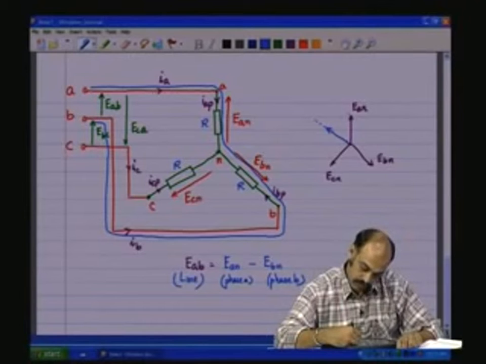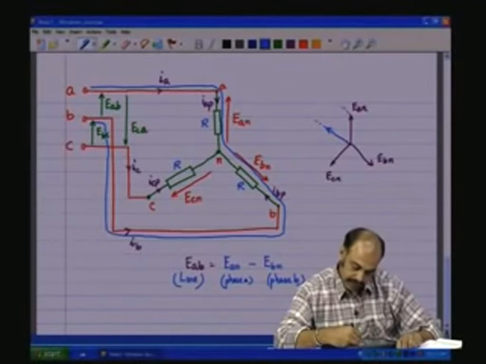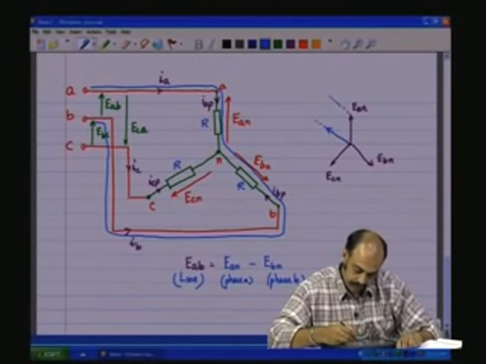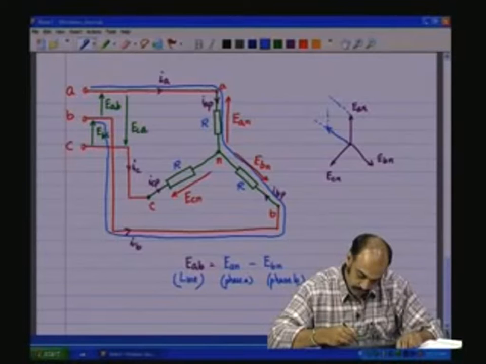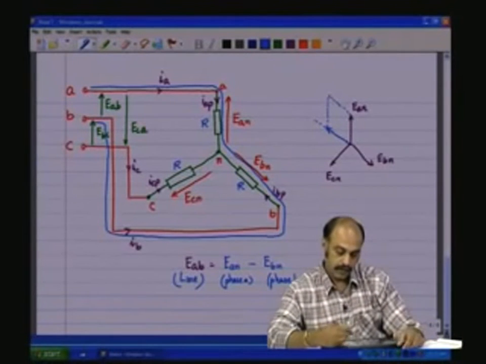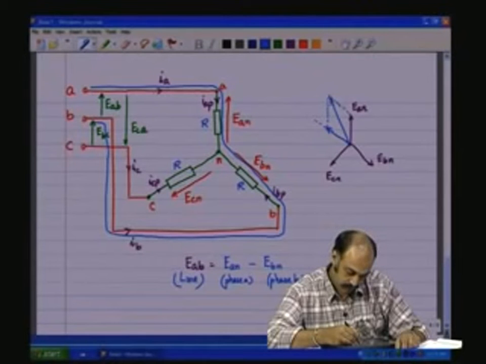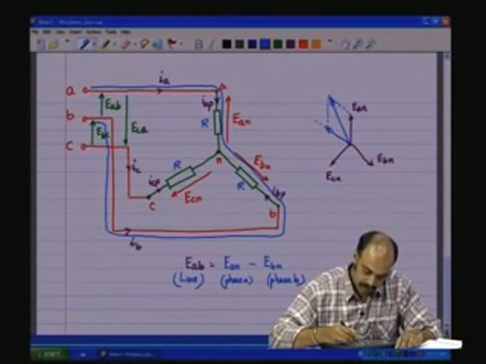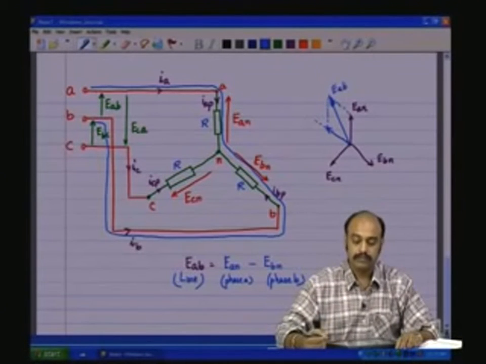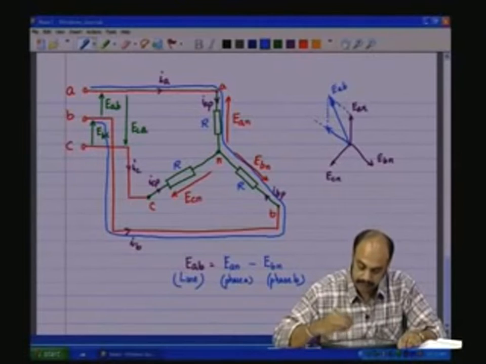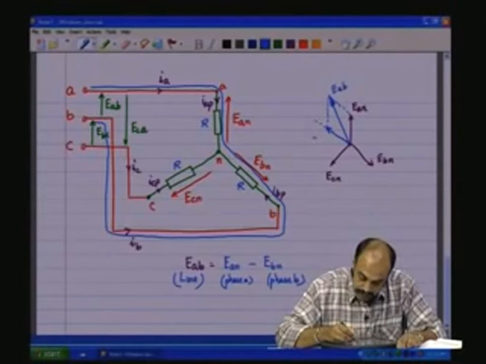Isn't it? So, therefore, if we complete the parallelogram, we have EAB. We have EAB. So, this is minus EBN.